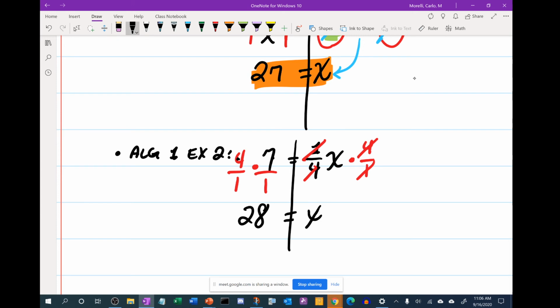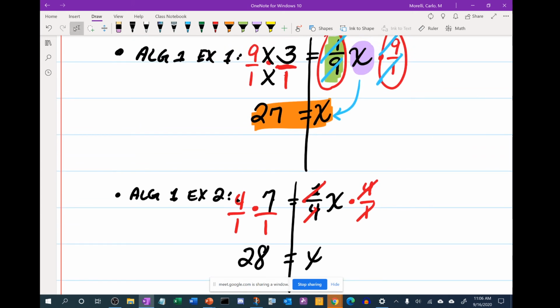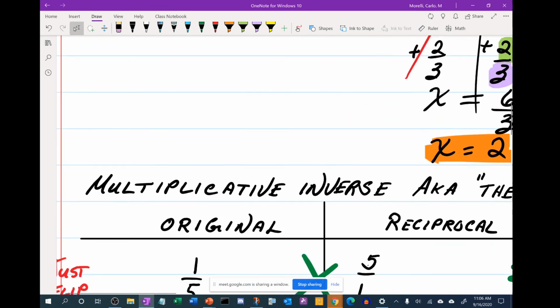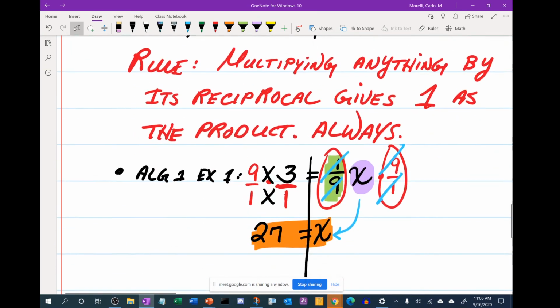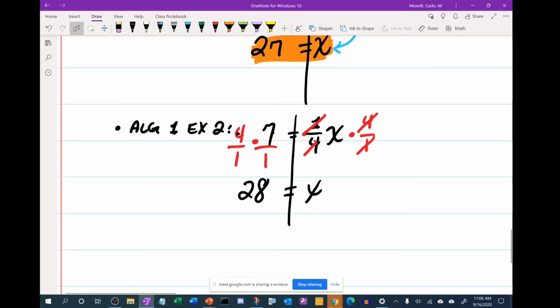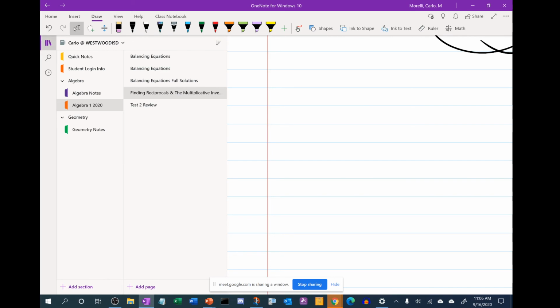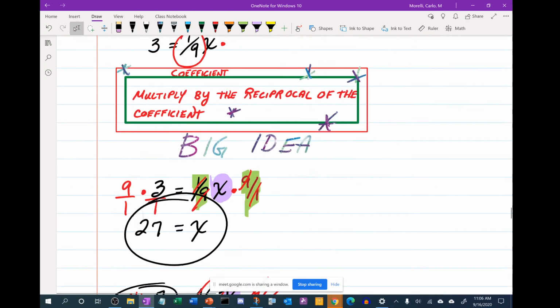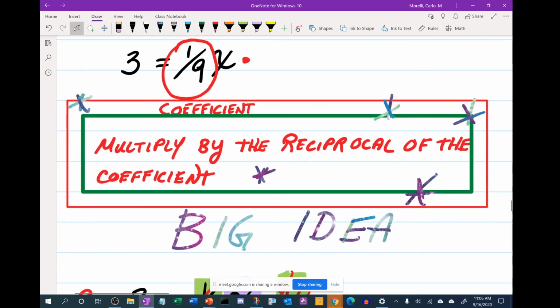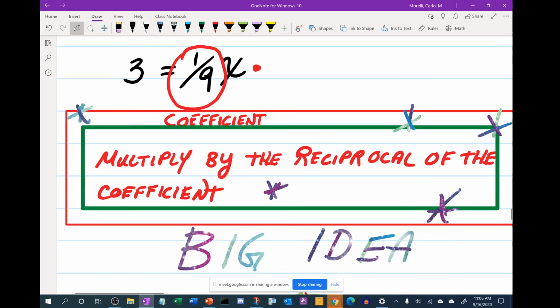So at this point, I want to write down a rule, and I want you guys to write it down. This is the big idea. Okay, the first question, 3 equals 1 over 9x. I'm going to write this again, guys, but just look.